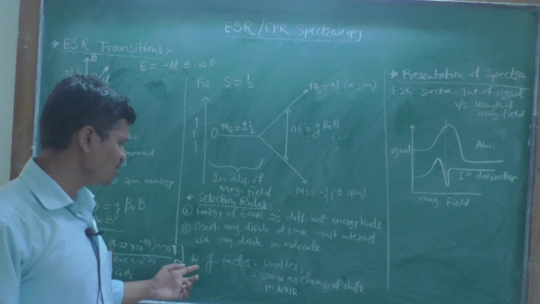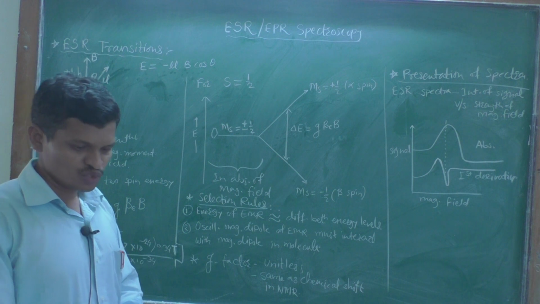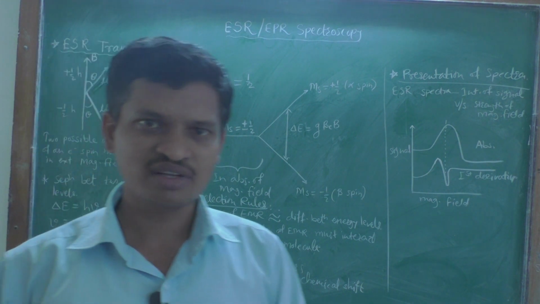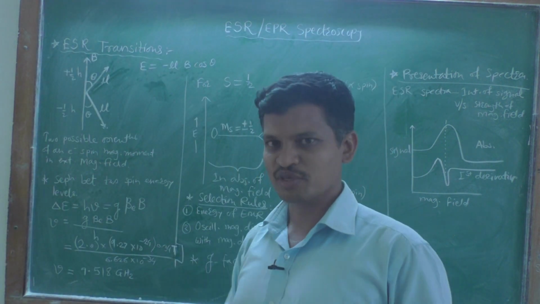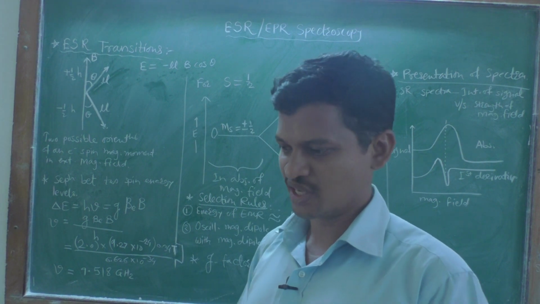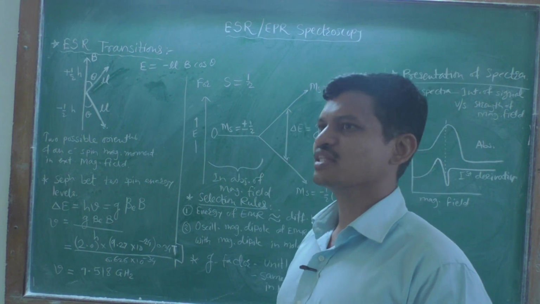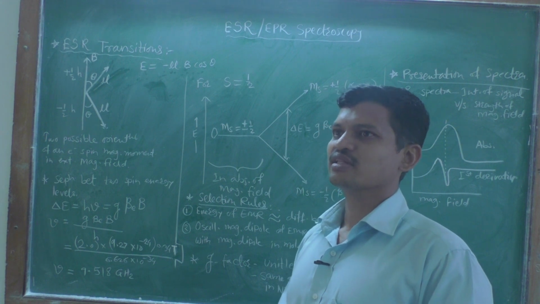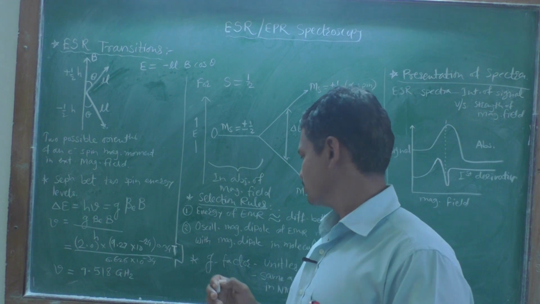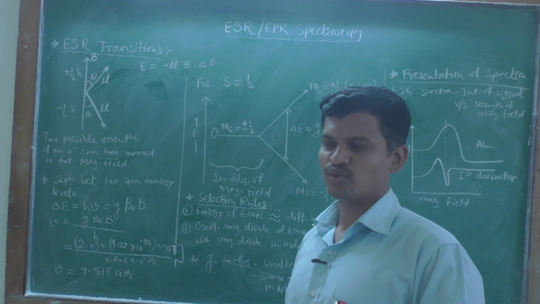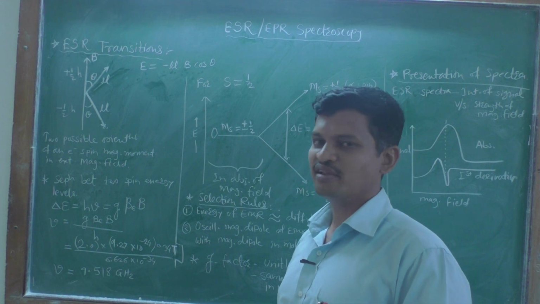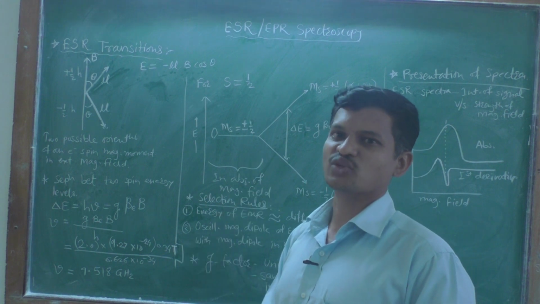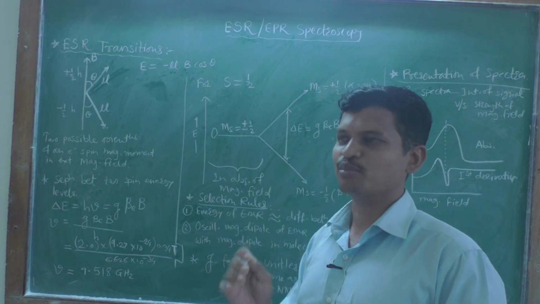Now the g factor. So what is the g factor? Yesterday we saw the value of g. It is approximately 2.0 and it is a unitless quantity. It is the value obtained for a single unpaired electron.